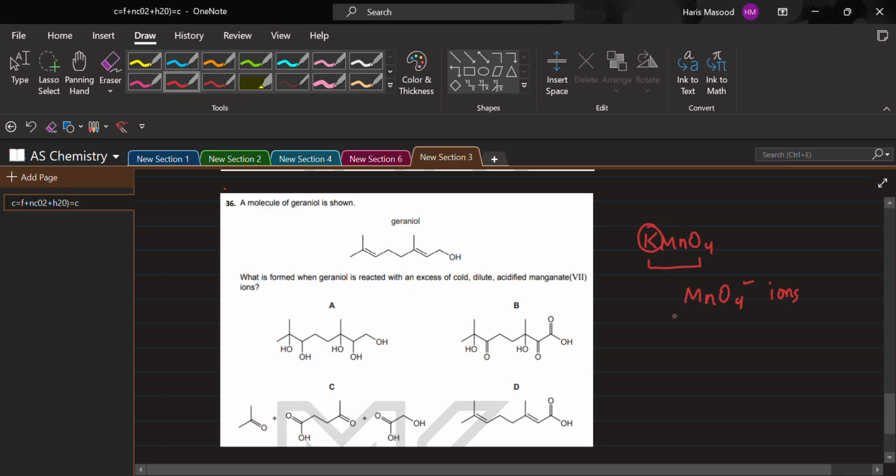We cannot use the ions directly, so we attach a metal to form the reaction. Otherwise potassium does not have any important use in the whole reaction. We only need the oxygens from the oxidizing agent. Clear?